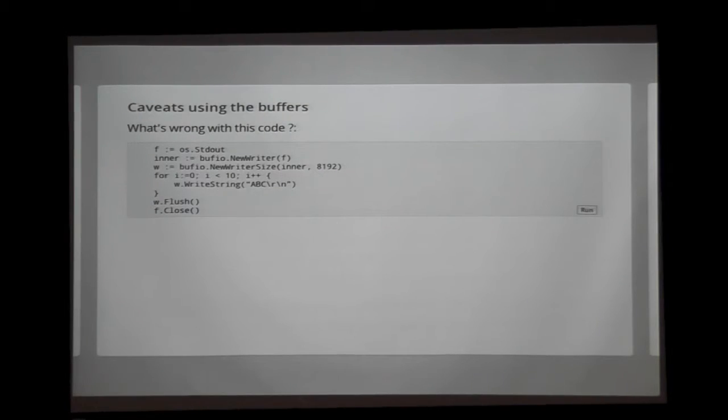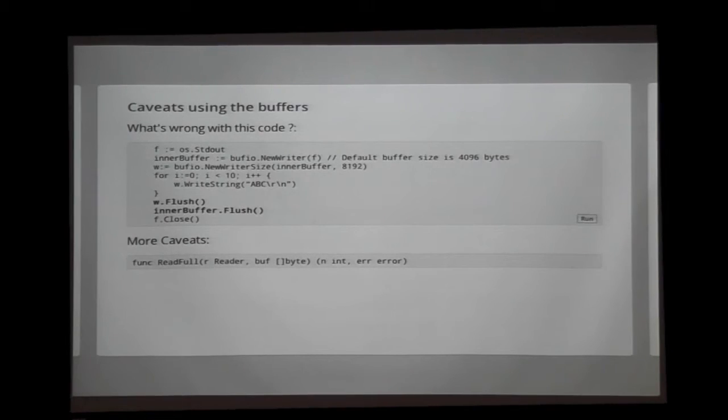Just as a recap, defer is the keyword that allows you to run a function inside a function when the function completes its cycle, so it will run only when the function is shut down.